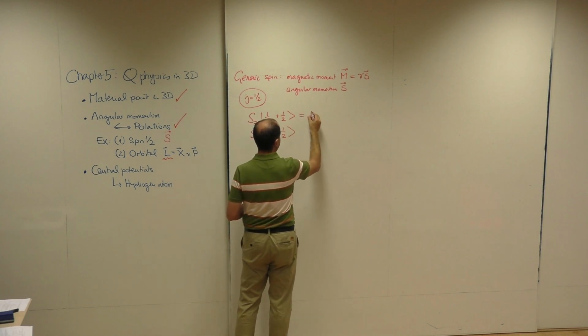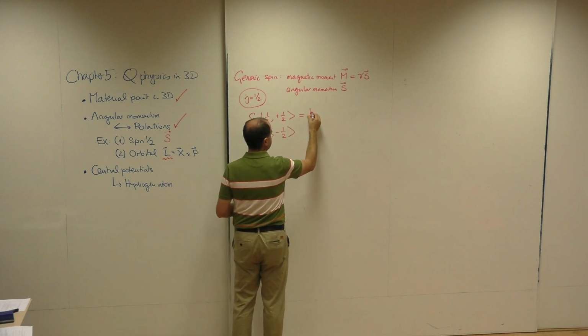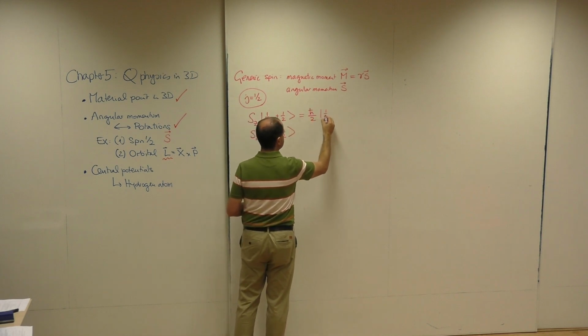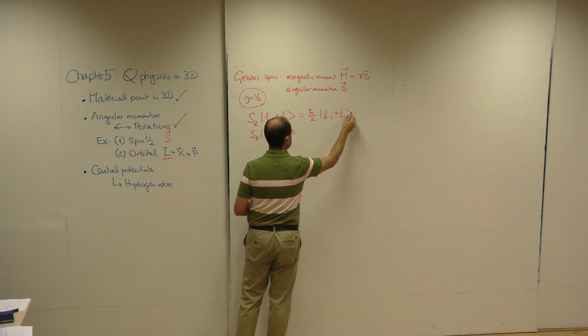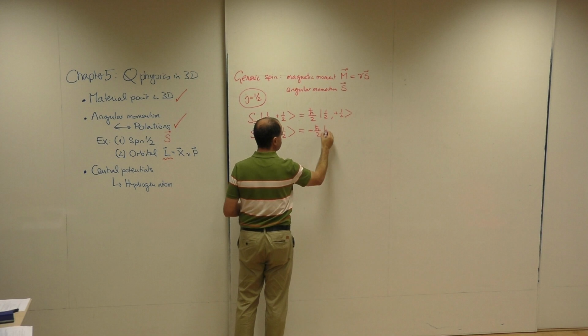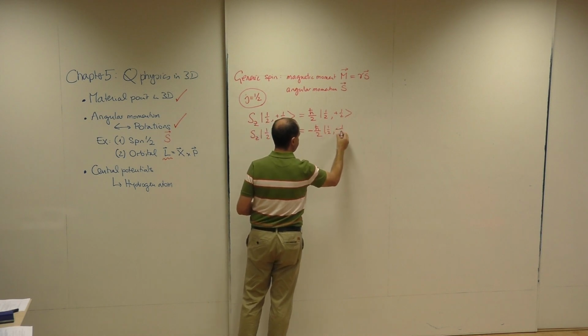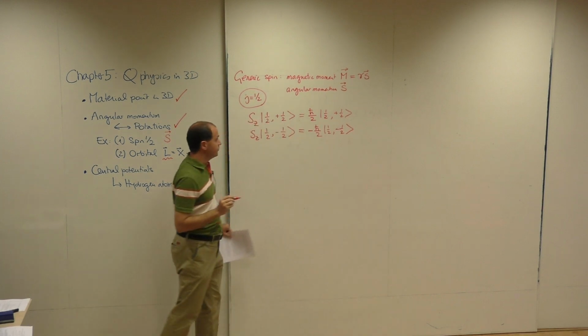This one has eigenvalue, remember, h bar times m: h bar over 2, and minus h bar over 2. Right?